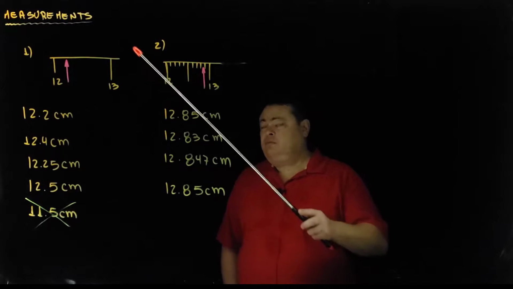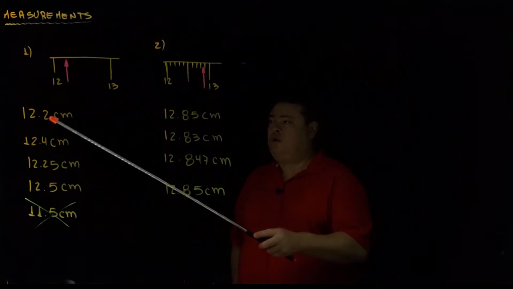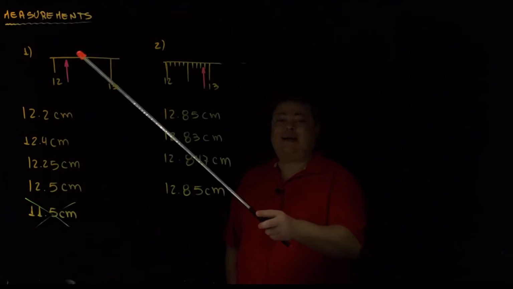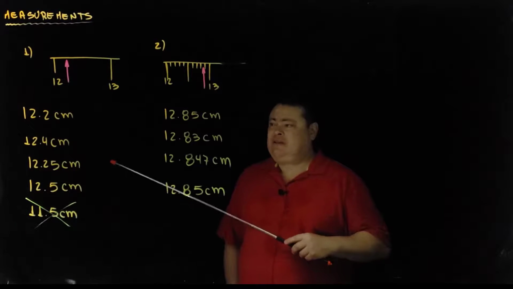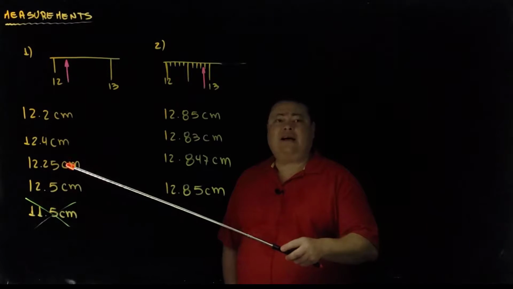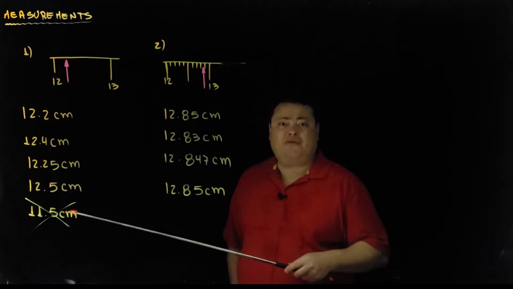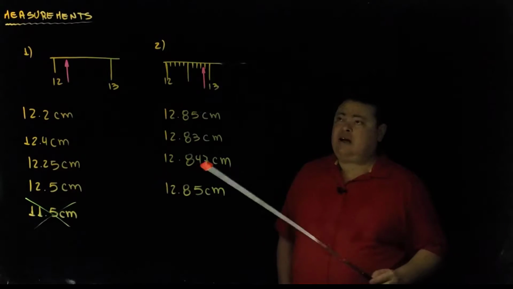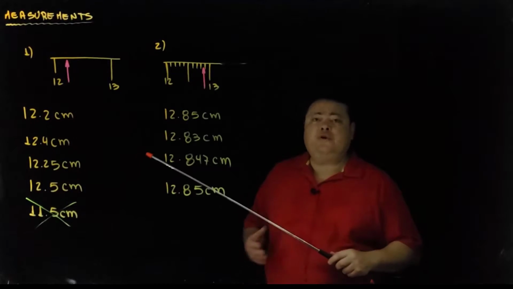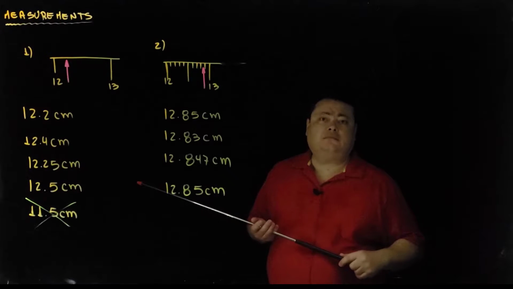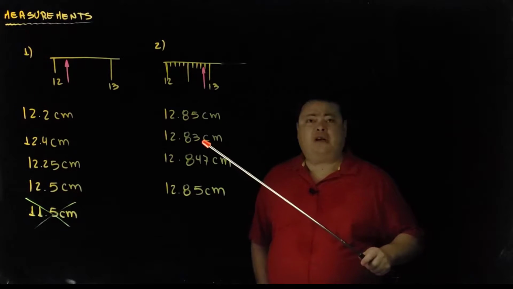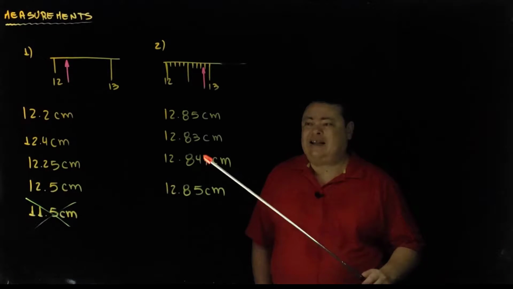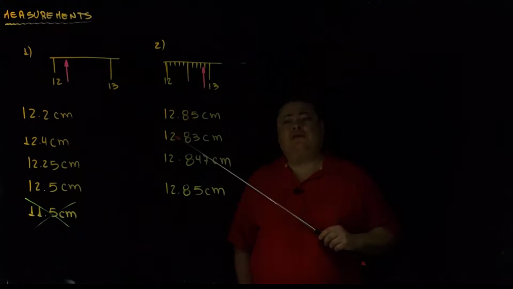On the first example, if I don't really know whether this is 12.2, 12.3, maybe even 12.4, I don't really know exactly what comes after the 12, does it make sense going another decimal place and writing 12.25 if it could really be just 12.3 or 12.4? On the second example, I know it's between 12.8 and 12.9. But I'm not sure if it's 12.83 or 12.85. That's a guess. So does it make sense writing another digit and trying to go to 12.847?